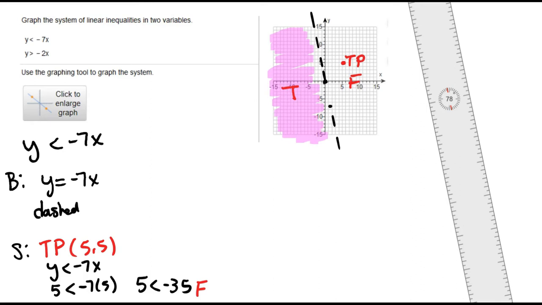So let's do the same thing with the other one. We have y is greater than negative 2x. We'll graph the boundary, which is y equals negative 2x. We have a y-intercept at 0, 0 and a slope of negative 2. So I go down 2 and over 1.